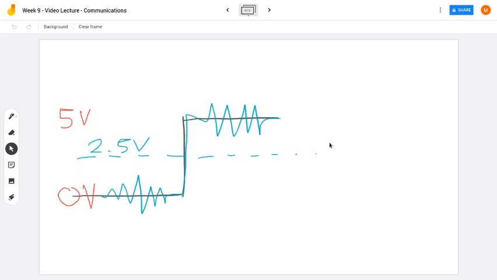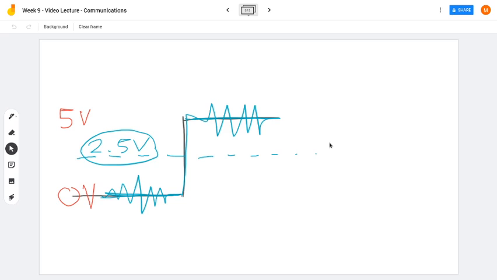As you can see, it's basically 2.5 volts. If this 0 volt is affected by noise of amplitude up to 2.4 or so, we still can say it's originally 0. And if this 5 volt is contaminated by a noise of amplitude minus 2.4 or so, we can still say it's originally 1. But if the noise is larger in amplitude than 2.5, we will mistake a 0 for a 1 and so on.